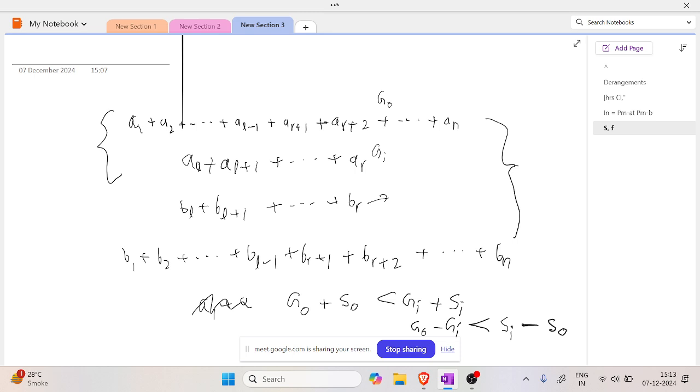We can just assume that they are already given to us. So we know that Go minus Gi is the constant, and this is the main value that we are concerned with, so let's name this D.